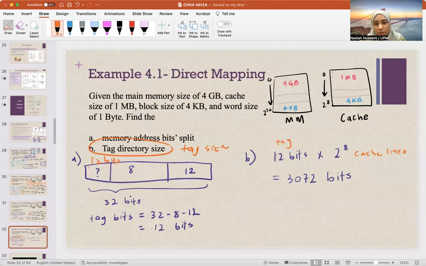Since the total number of cache lines is 2 to the 8, each cache line would need a tag of 12 bits. So I would multiply 12 bits by 2 to the 8 total number of cache lines. Therefore, I would have 3072. Okay, so that's your answer for B.